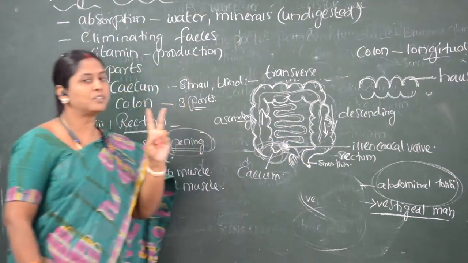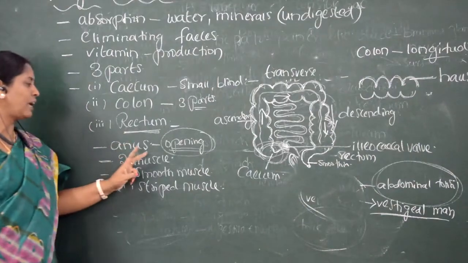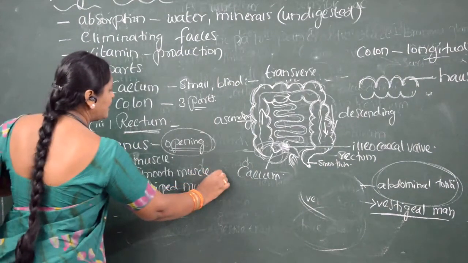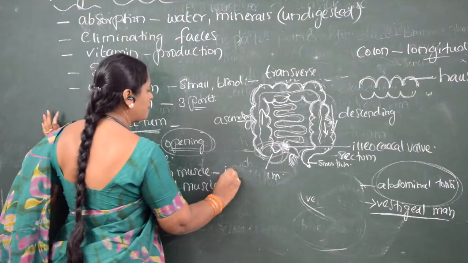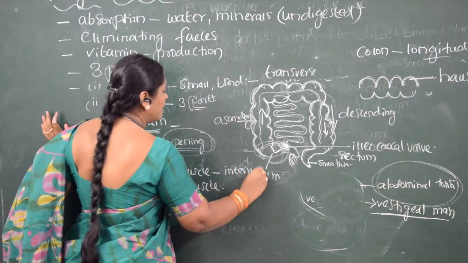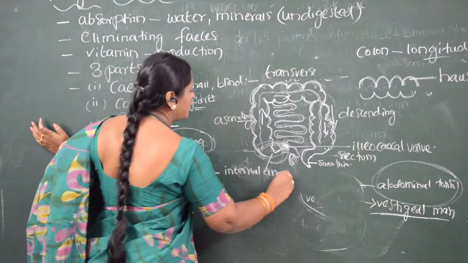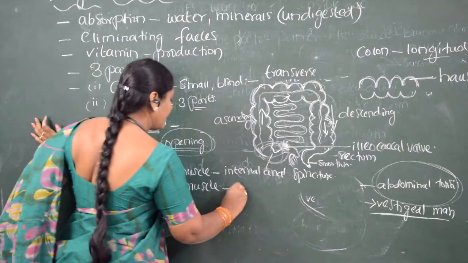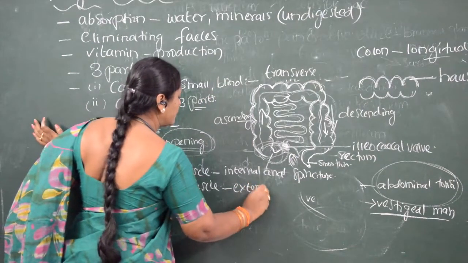So two kinds of sphincters are present in the anus. What are the two kinds of sphincters? The internal anal sphincter and the external anal sphincter.